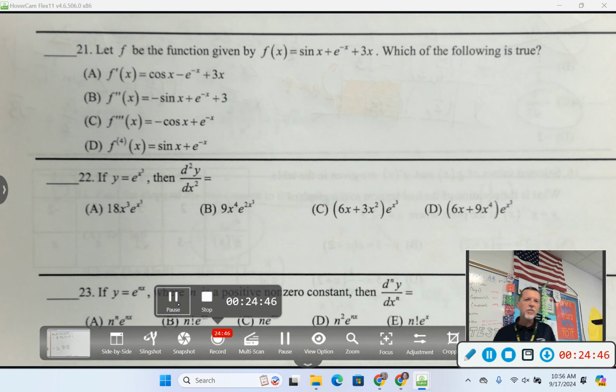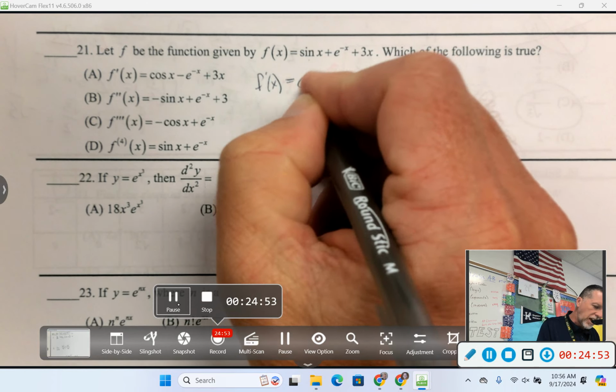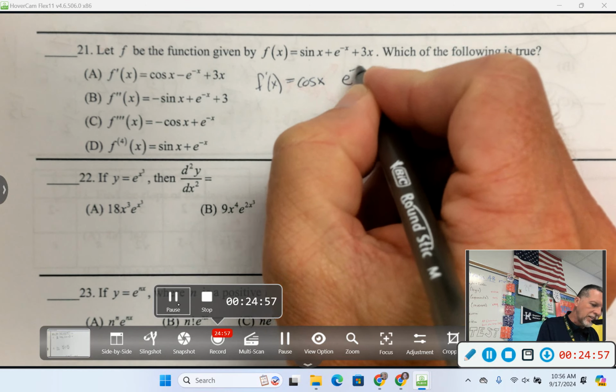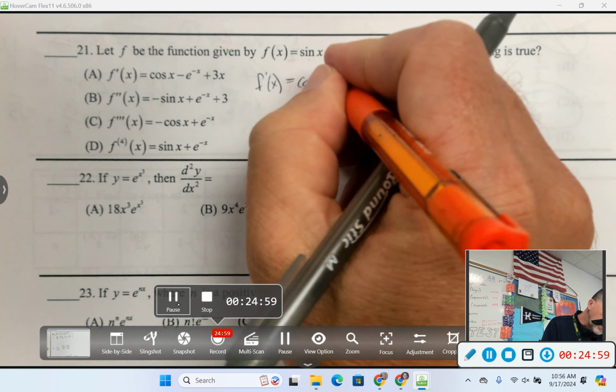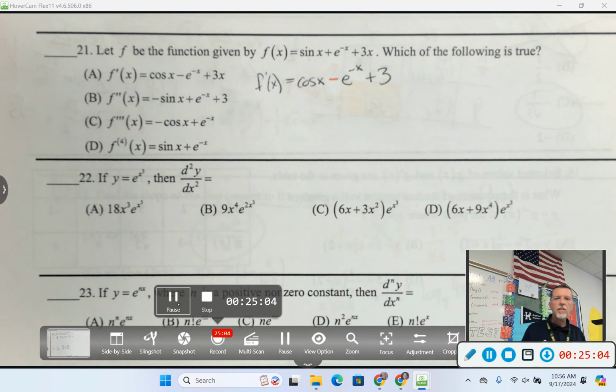21. Which of the following is true? So this is just a straightforward derivative question. Derivative of sine is cosine, derivative of e to the negative x is e to the negative x, but with the minus sign because of the chain rule, and then plus 3.